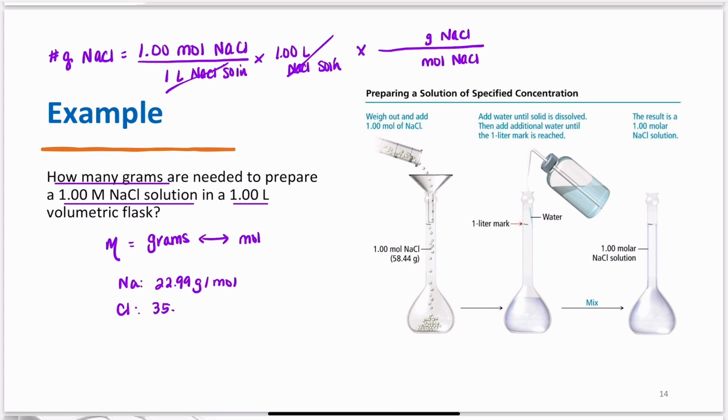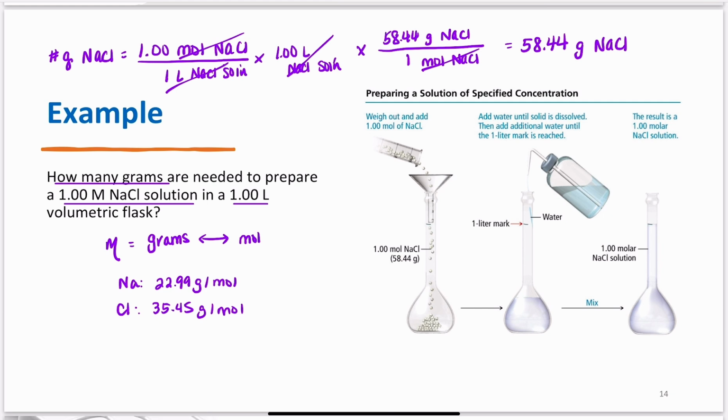Chloride, 35.45. So the molar mass is 58.44 grams for every 1 mole. That cancels out my moles of sodium chloride and gives me grams. So I calculate it out and I get 58.44 grams of NaCl.